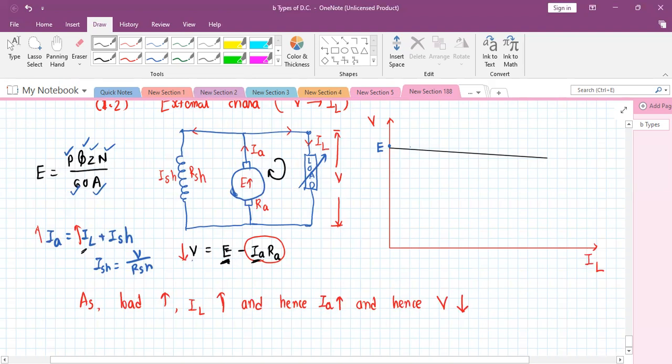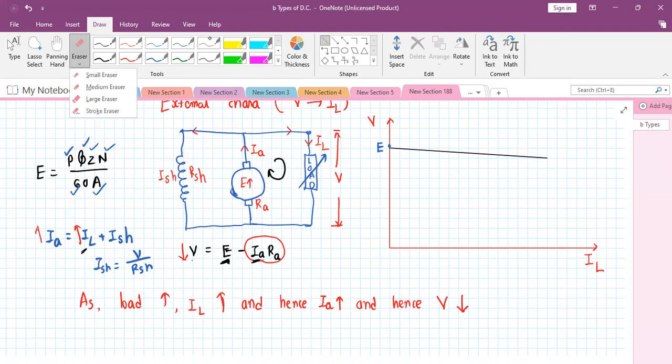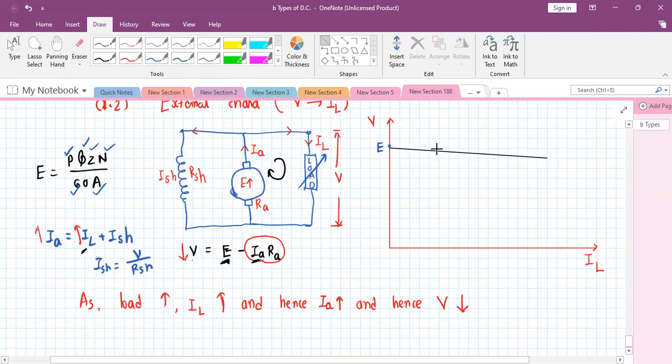Here you can see your ideal condition is this. If IR is not there, then this is your straight line. This is your V, E. It is your ideal condition.